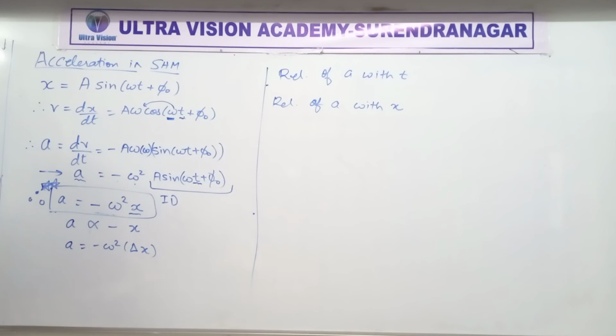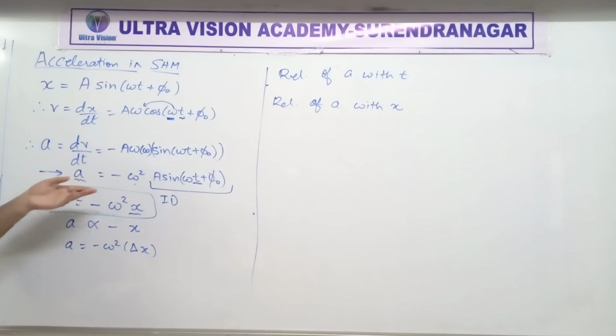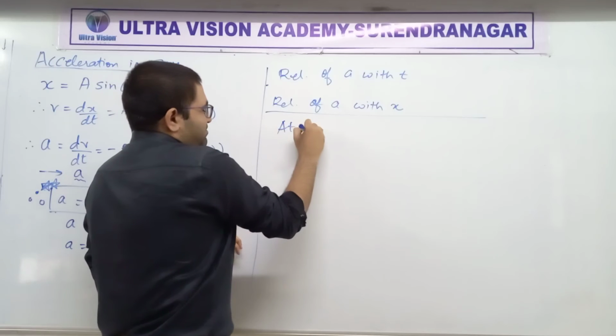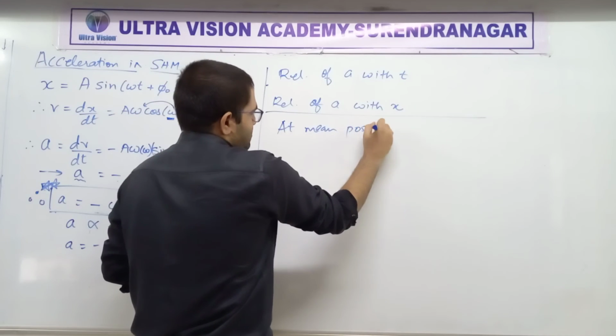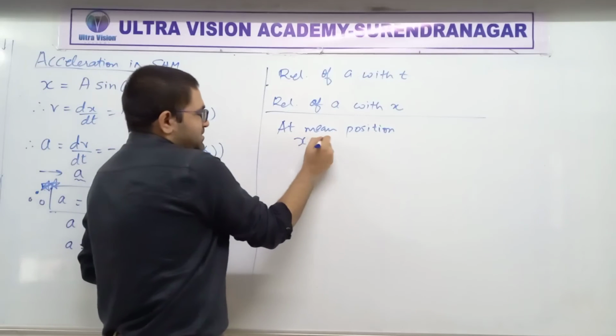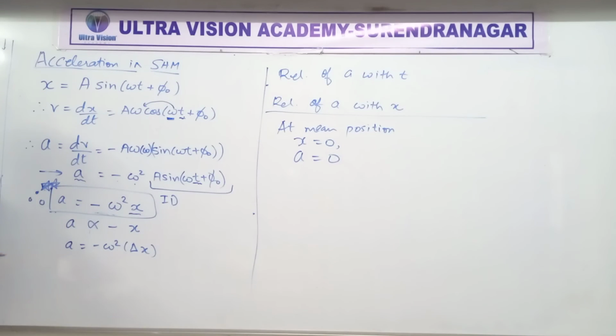Now we are going over to the next thing, and that is we will draw graphs of these things. First let's discuss what happens at various points. Let's say at mean position. At mean position, we know that x is 0. If x is 0, obviously a is also 0. Clear or not clear? I hope it was not tough.